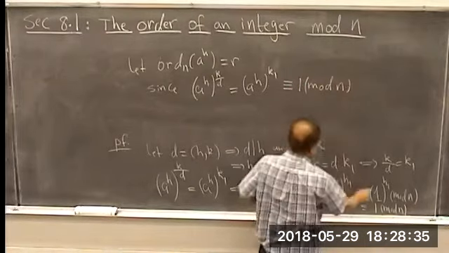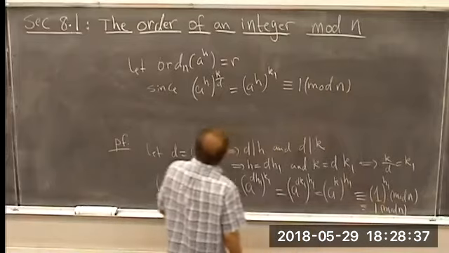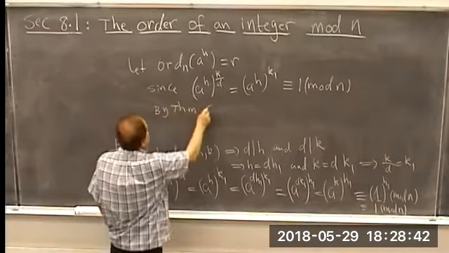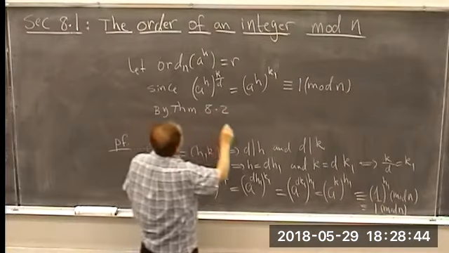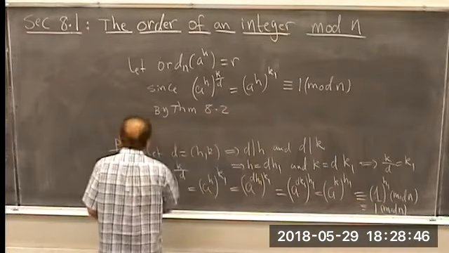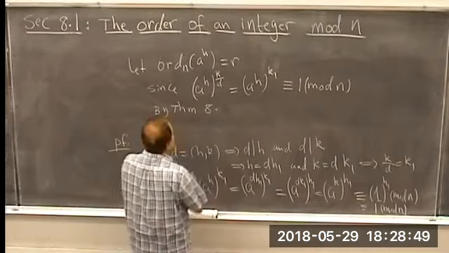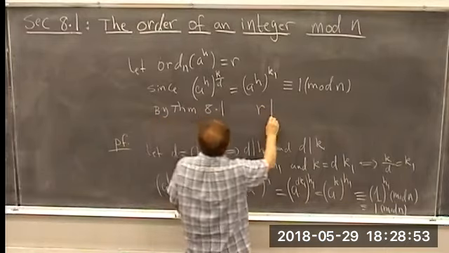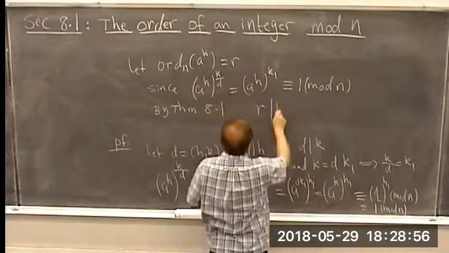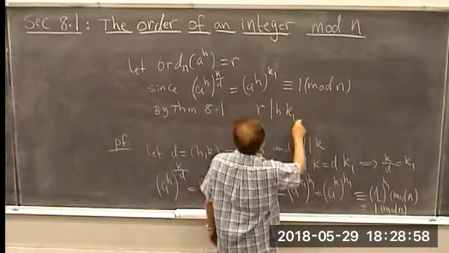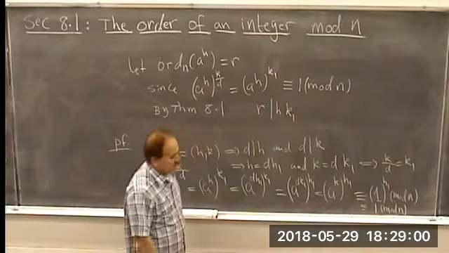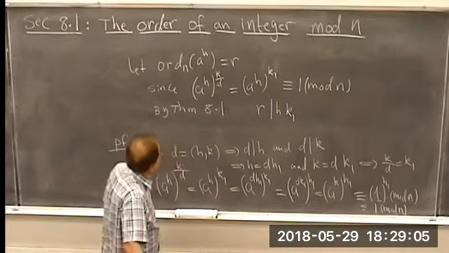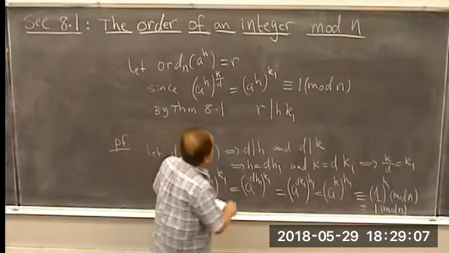That's what we have shown here, right? By theorem 8.1, the previous theorem, the r must divide this exponent, just K1.